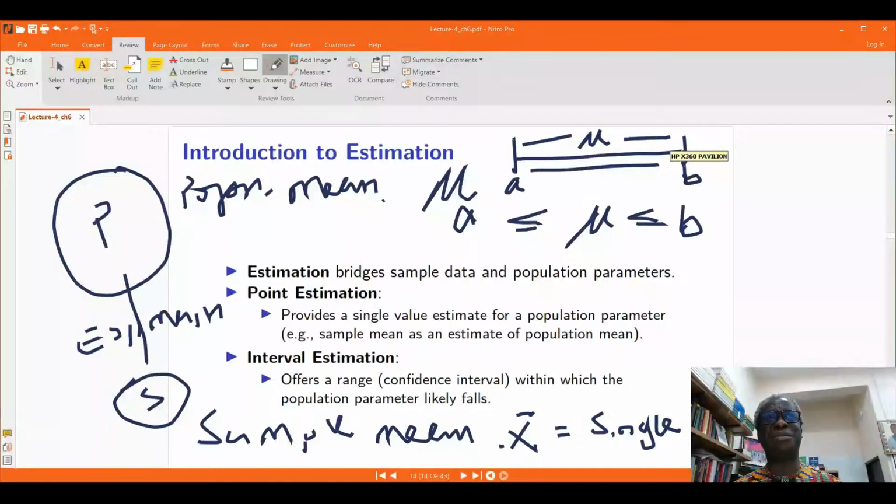Then I'm talking about interval estimation, which means I'm using two values within which I estimate your age to lie. I hope that is very clear.